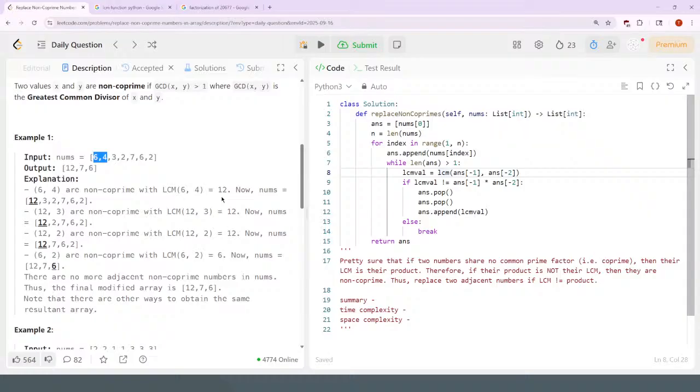And then 6 and 2, they also get combined. And then 7 is unique.